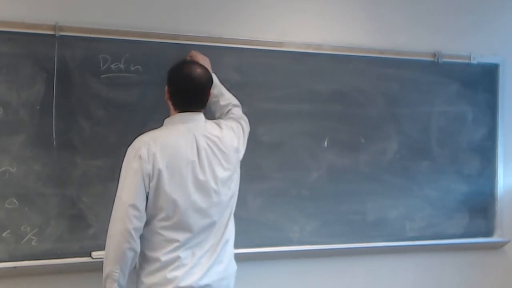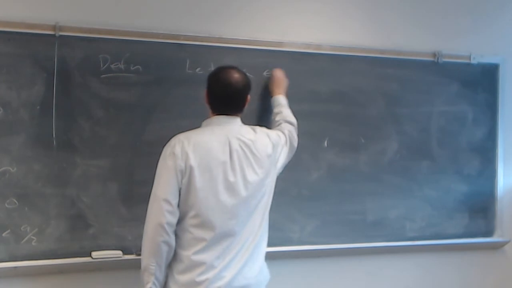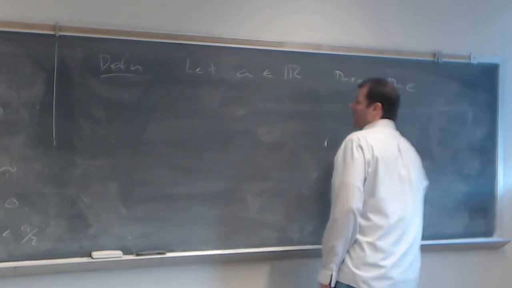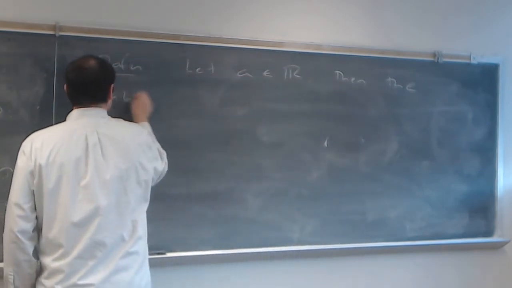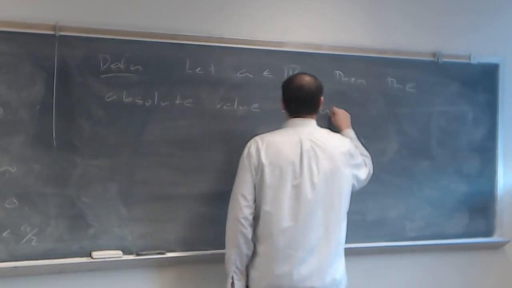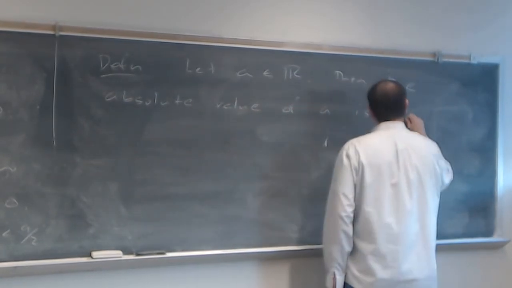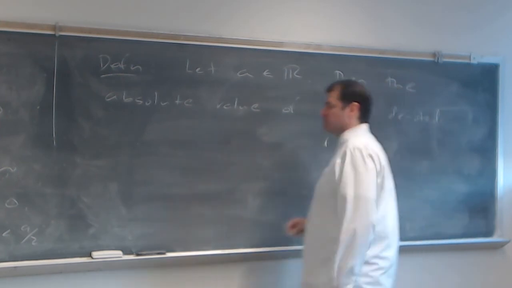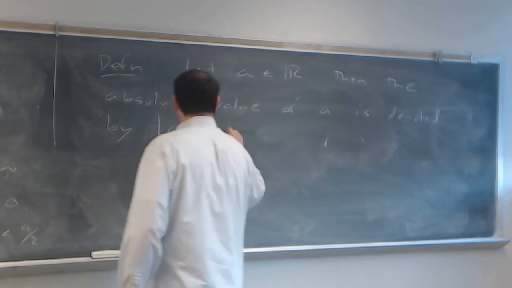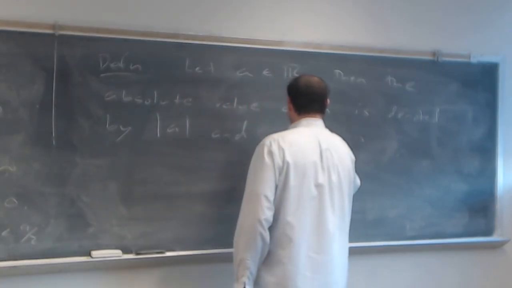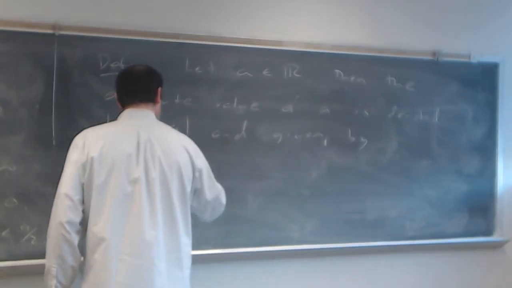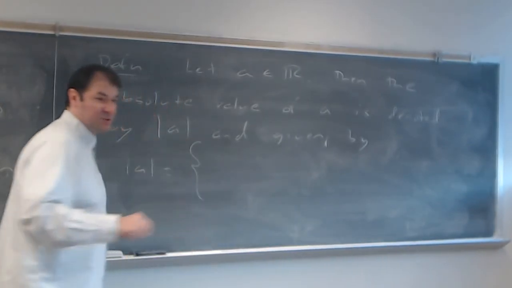Okay, I want to give a definition for the absolute value. So, let A be a real number, then the absolute value of A is denoted by A in double bars and given by, so here's its definition, the absolute value of A is equal to, well, books define it one of two ways.